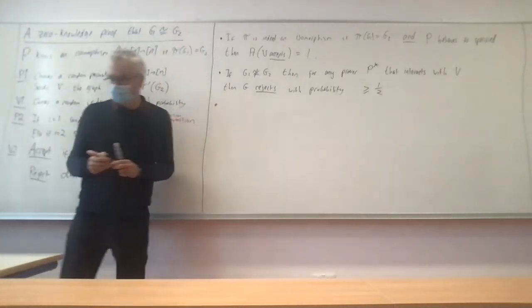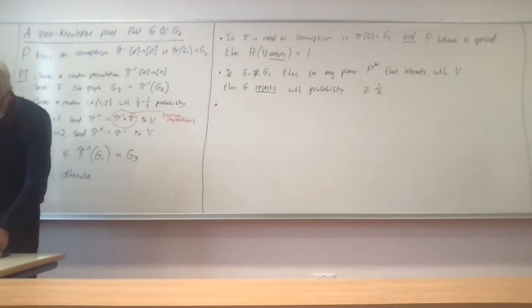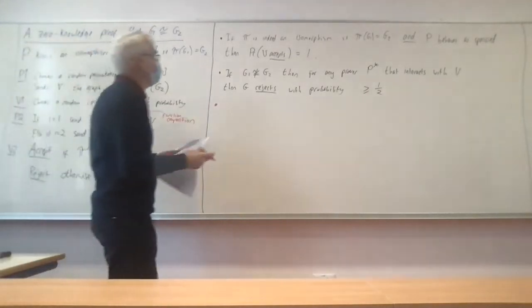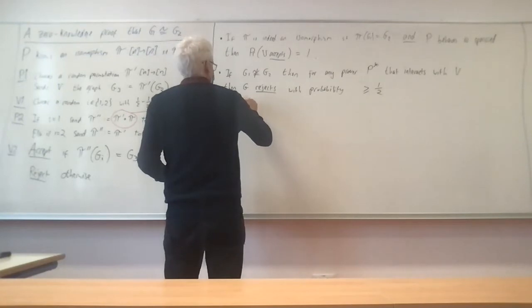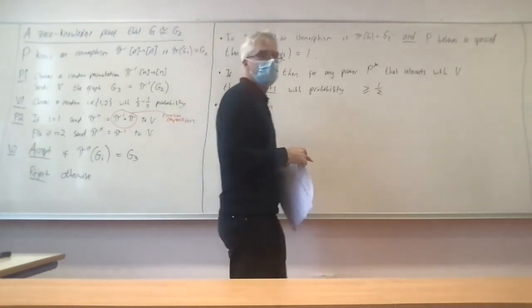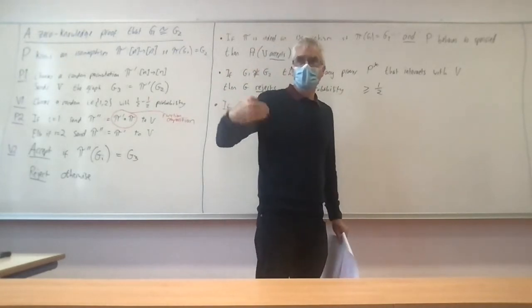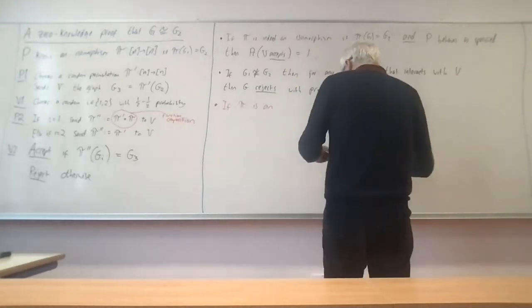But the new condition is that the verifier does not gain any knowledge. So for this, we again assume that pi is an isomorphism, and we're interested that the verifier does not gain any knowledge about the actual isomorphism that exists from G1 to G2.